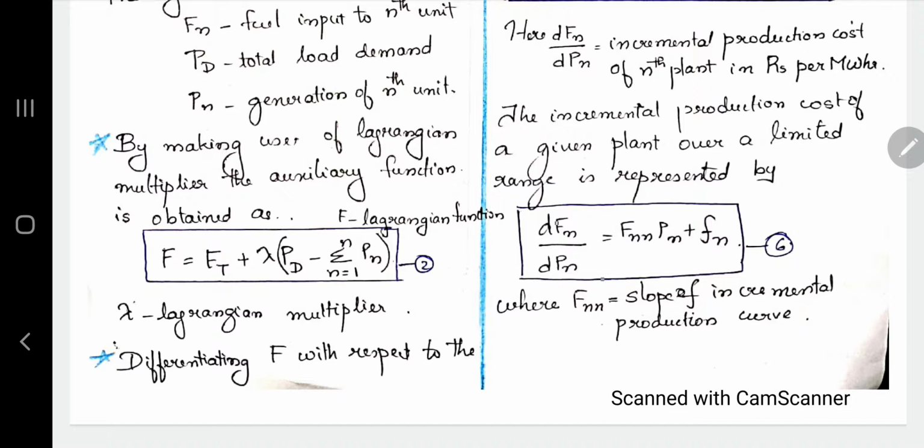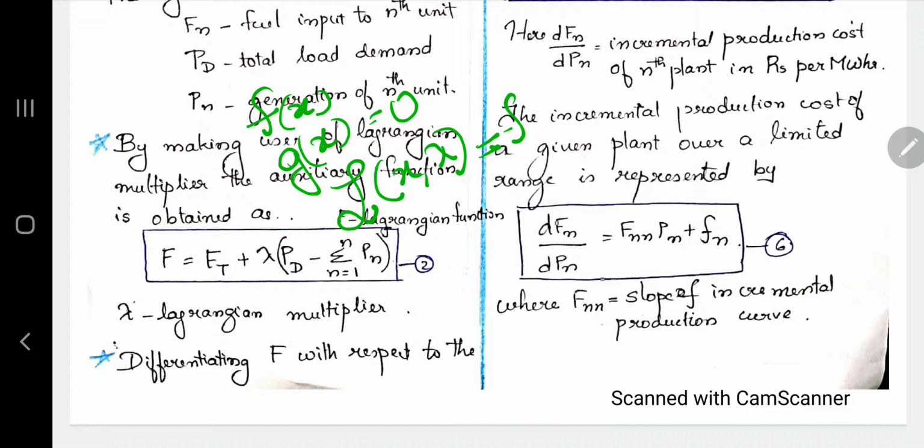Generally, the problem can be summarized as: find the stationary points of f of x such that it satisfies the constraint g of x equal to 0. Then we form a Lagrangian function L of x comma lambda, which is equal to f of x minus lambda g of x.